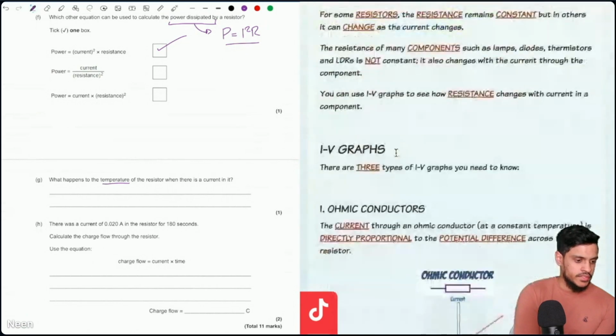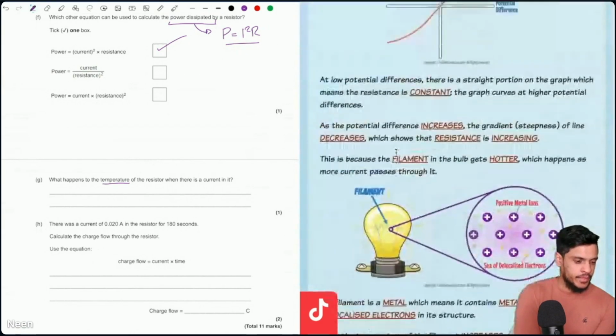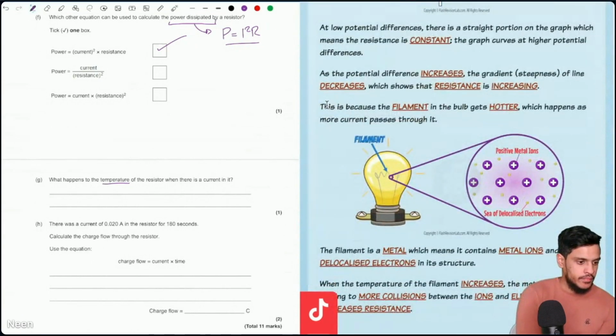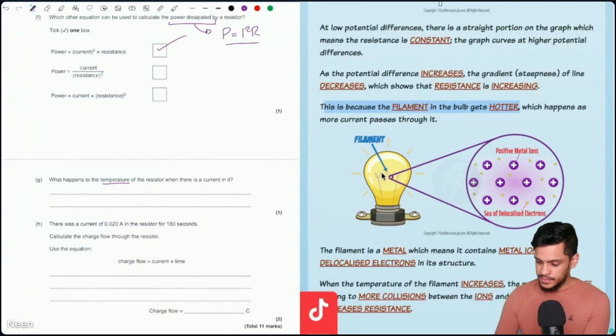I think it's in the resistors topic. It gets hotter. So here I'm talking about a bulb. In a bulb, you have a filament, which is basically a piece of metal, which works like a resistor. It will increase. So temperature increases. Yep, well done.